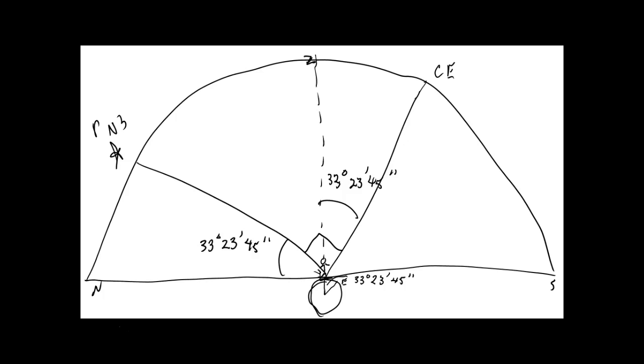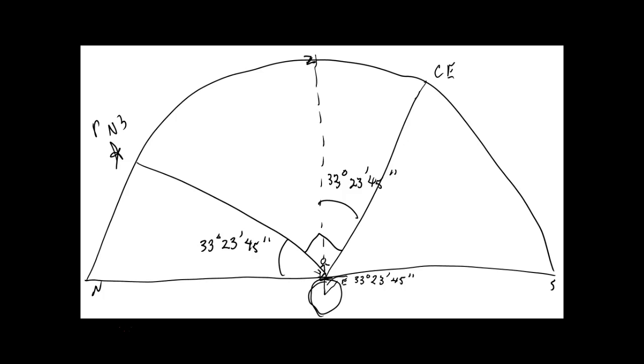So what we're doing, and we did this in other parts of the lab too, and we'll be doing it in the next lab and for a while now. We're doing our celestial horizon. This is supposed to be the globe down here, and this is the equator here, and we're here at 33 degrees, 23 minutes, and 45 seconds. That's our latitude, how far north we are of the equator.